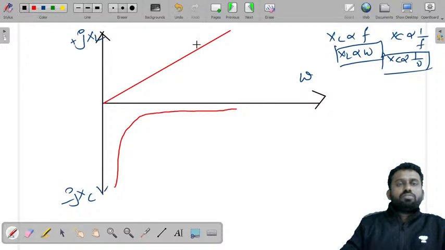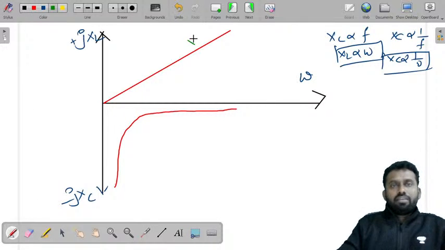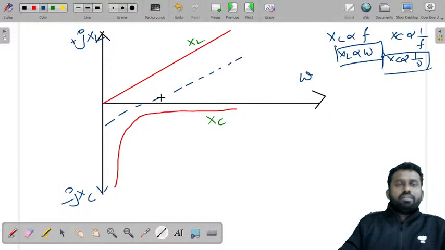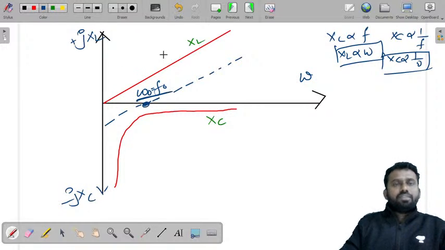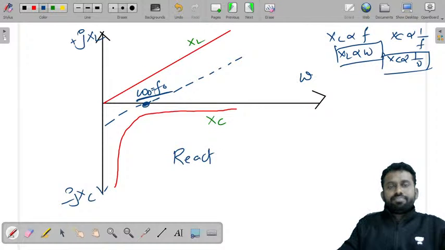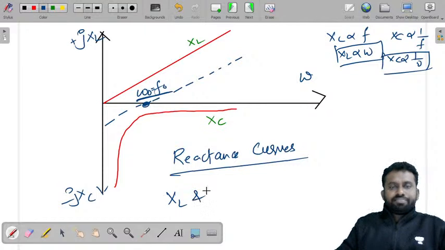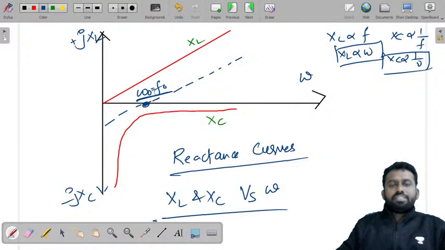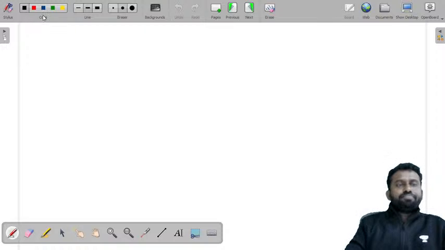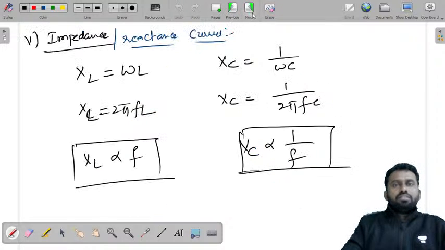This is XL, and this is XC, and there is another line in between, and this frequency is omega naught or f naught. So these are reactance curves, or XL and XC versus frequency. Now let's do the next one, the sixth one.